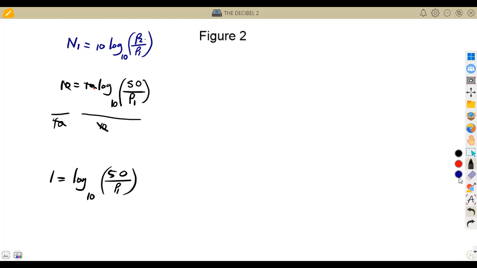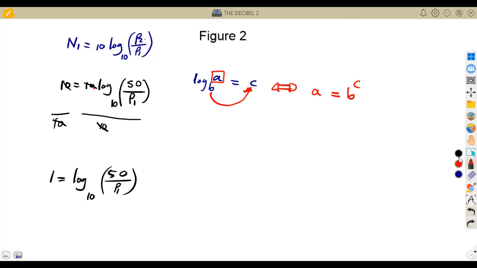So remember, from your exponents and logarithms in your N2 maths, the logarithm of A in base B, if it is equal to C, it means we can write this in index form, which follows that A is equal to B, the base, to the exponent of C. So A is equal to B to the exponent, meaning this is our A, 50 over P1.